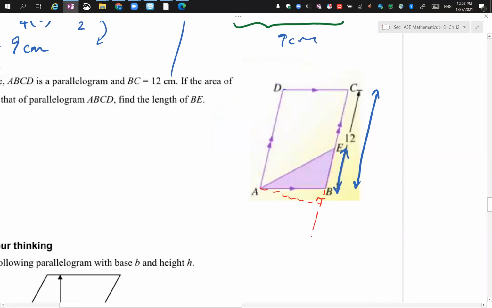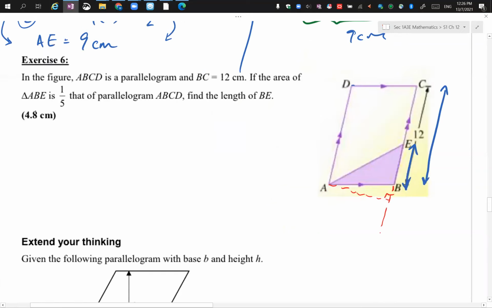Okay, area of triangle is. Where is that area? What is that area of triangle? ABE. Area of triangle formula, primary school: half times base. We have decided to use BE as the base. Why did we choose that? Because we have a common perpendicular height. If you chose AB as your base, very tempting to choose AB as your base because it's horizontal, right?